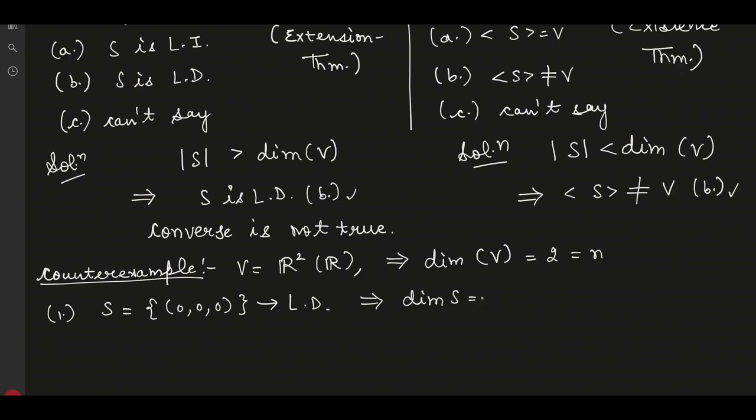No, sorry, dimension is, sorry, cardinality. Cardinality of S. Cardinality will be 1 only, na? There is only one element in the set. So here I can clearly see the dimension of the vector space was 2, but the cardinality of S is 1. So the converse is not true, na?